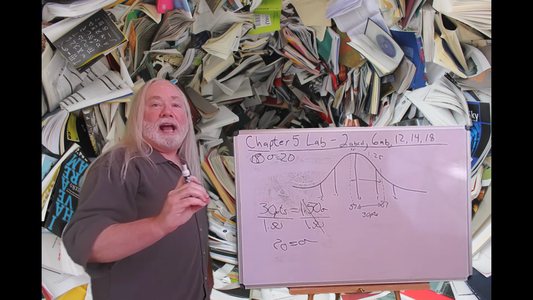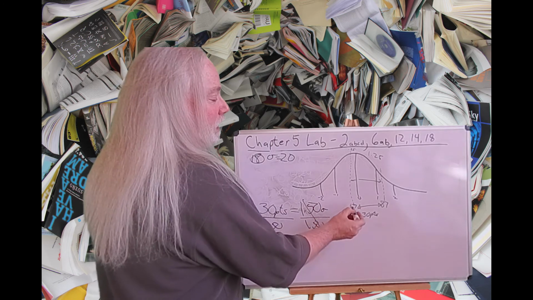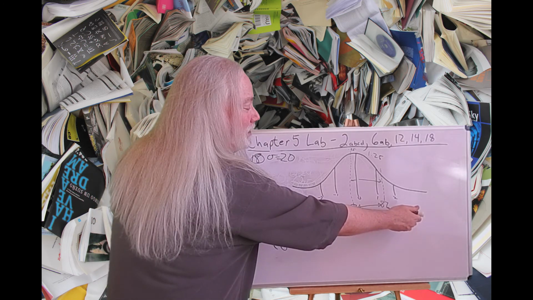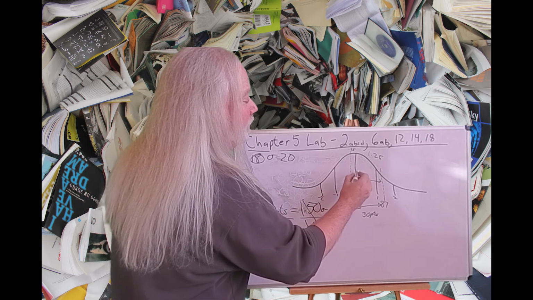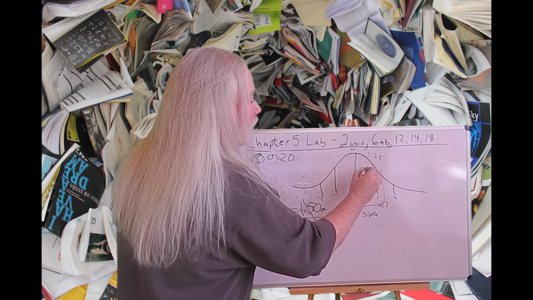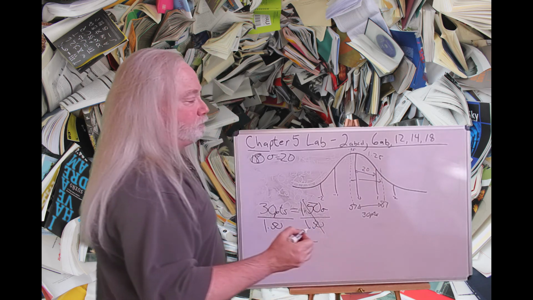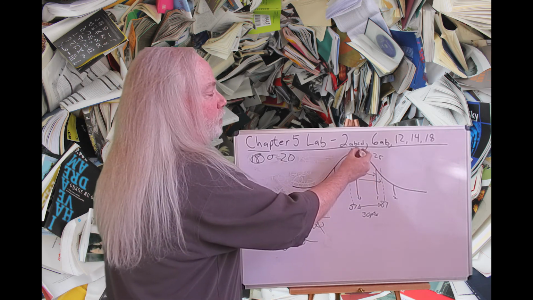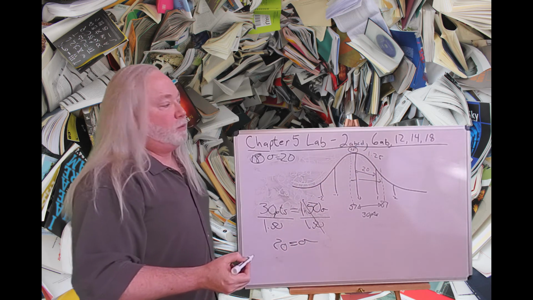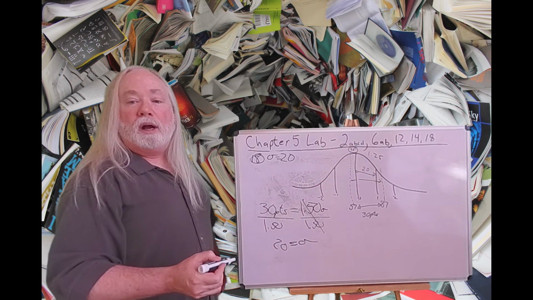Now we can use that. We can either go up from the low score or down from the high score back towards the mean. We now know that one standard deviation is 20 points. So let's go with the low side, where we've moved 1/4 of a standard deviation. What's 1/4 of 20?